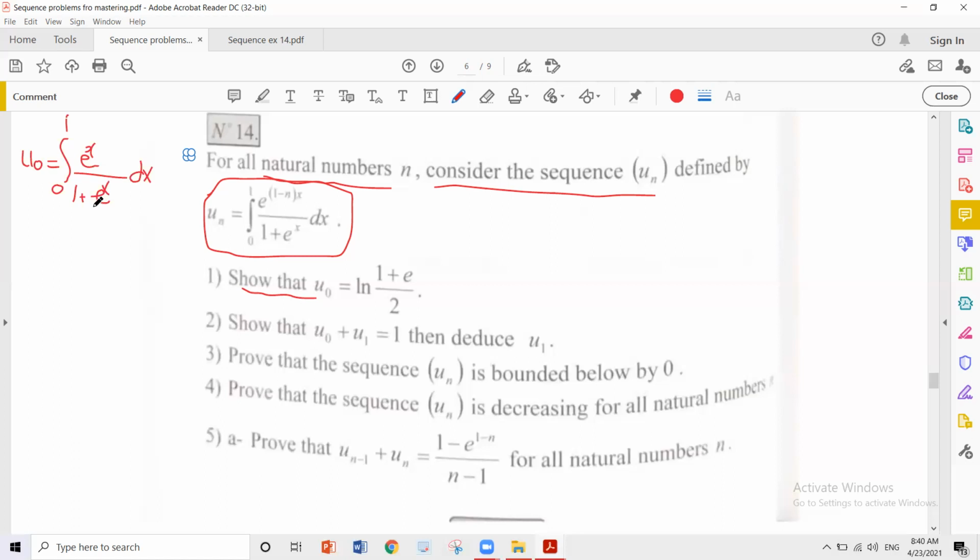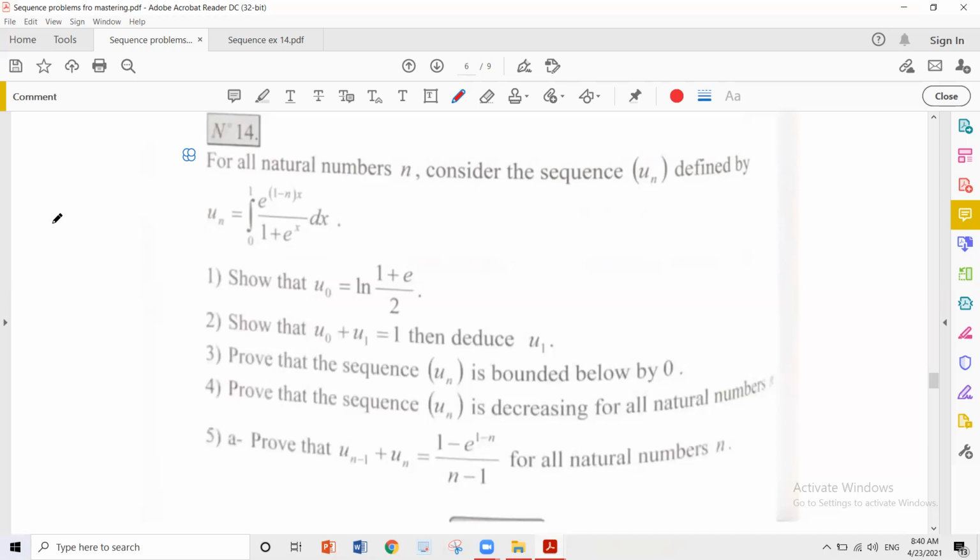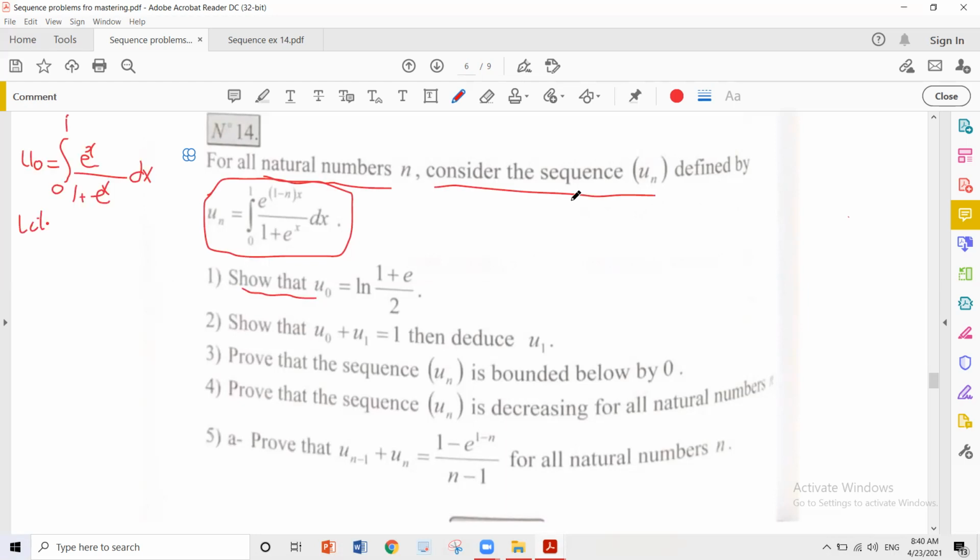We have a method: by parts or by substitution? Substitution. Let u equal 1 plus e to the x.